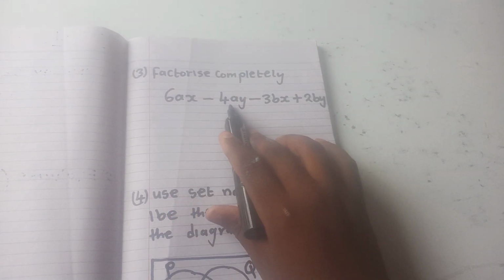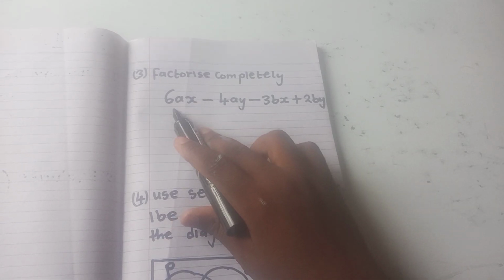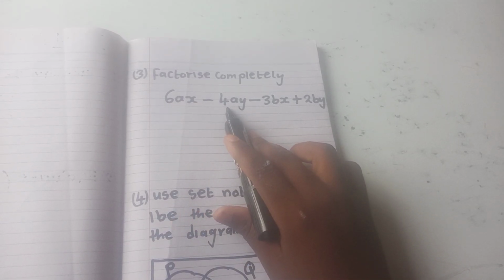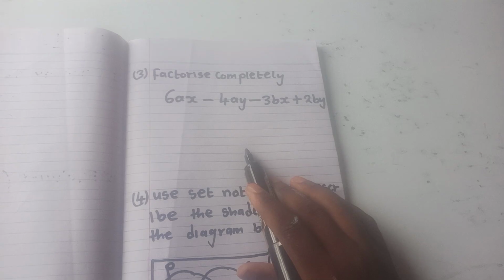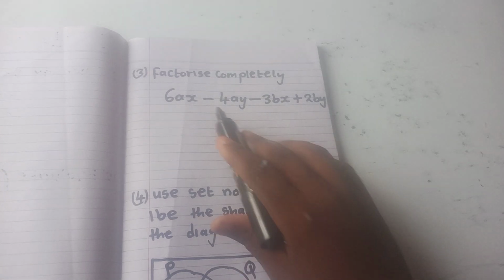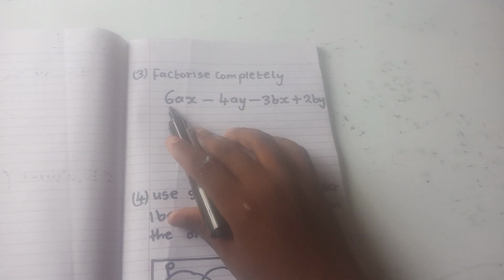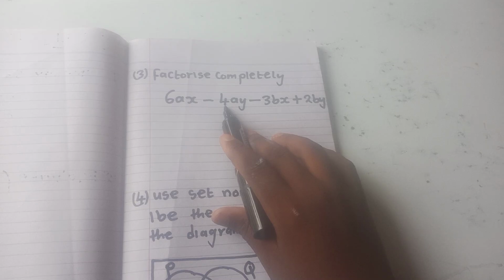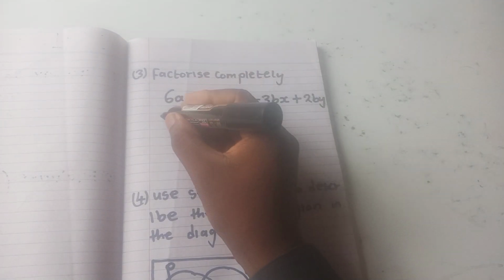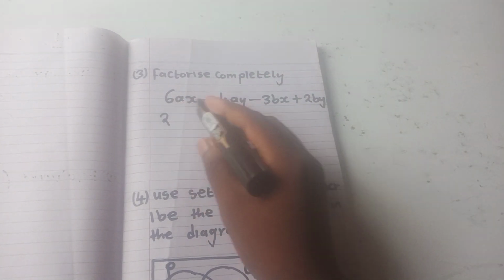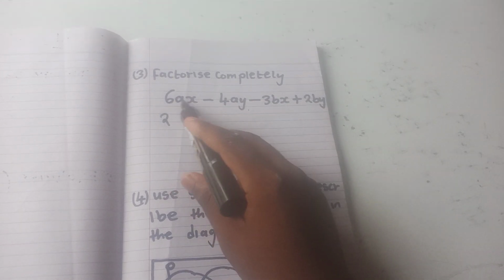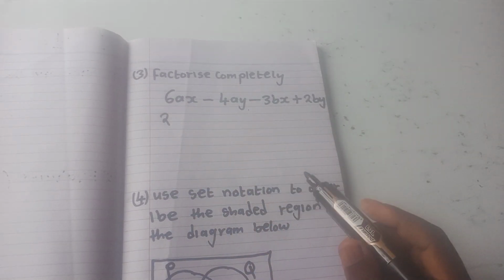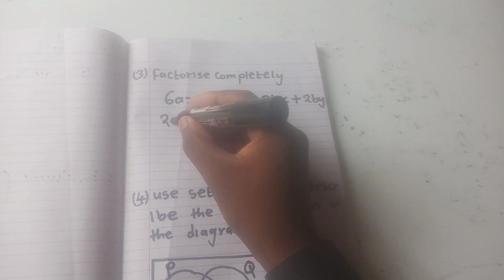So which number can go into 6 and also into 4? It's 2. You know that 2 can go into 6 and also into 4. So you write 2. What else can you see which is common among these two? It's a. You write a.